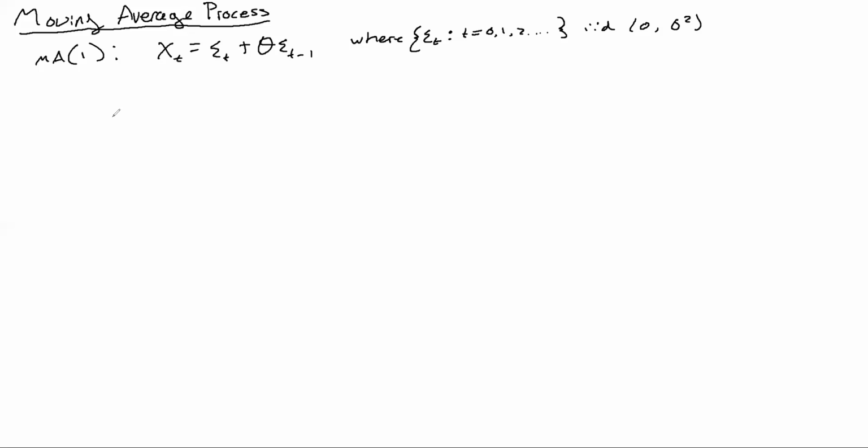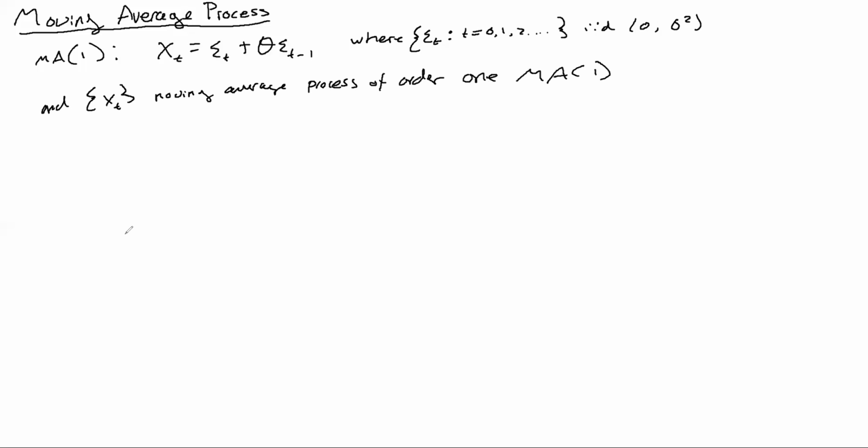Our epsilon t is a 0 mean white noise process, and our xt is a moving average process of order 1, so MA of 1.